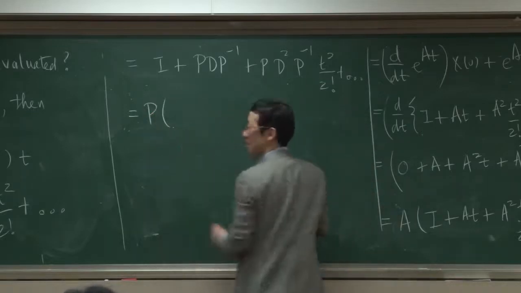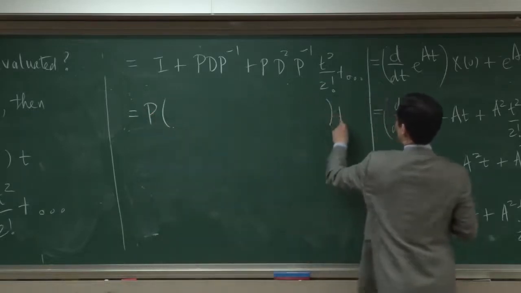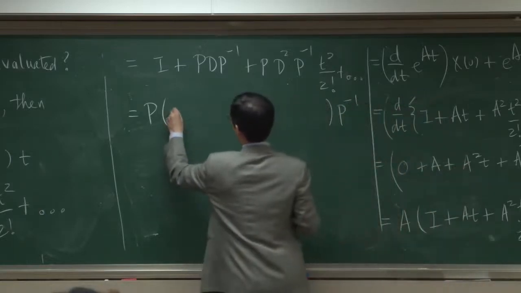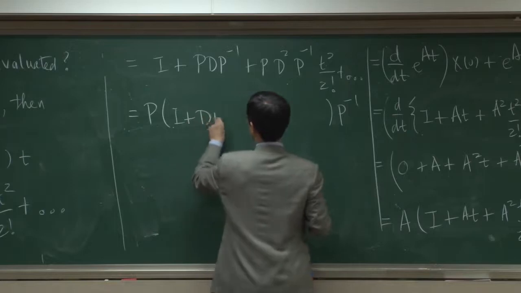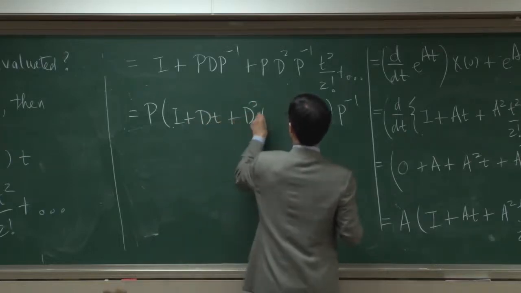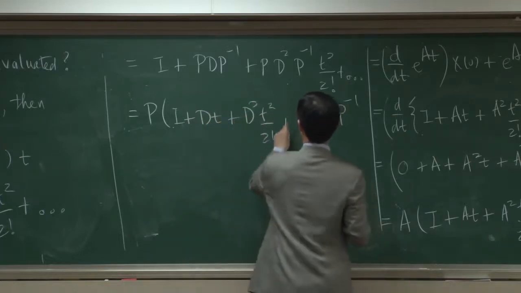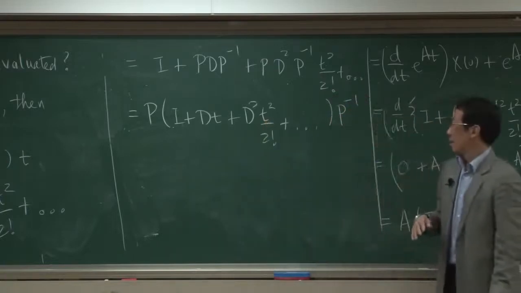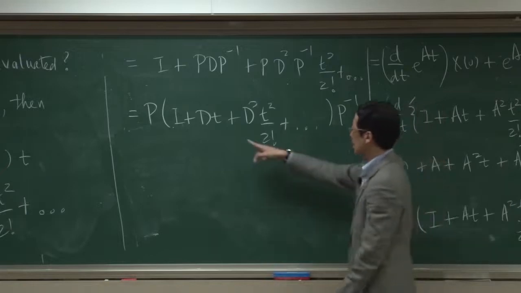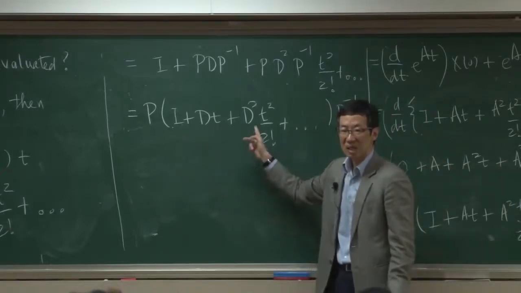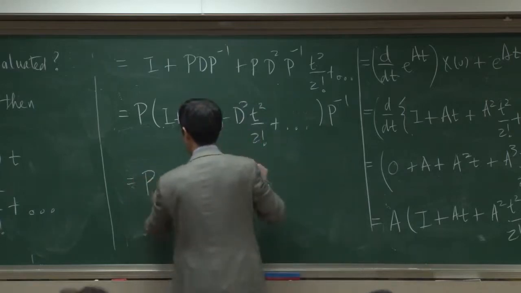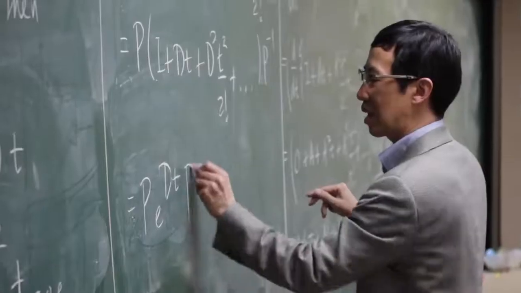Here's a P at the front, here's a P inverse at the back. Now this can be written I plus DT plus D squared T squared over 2 factorial plus and so on. So this is just the exponential of Dt. So this is just P times e to the Dt times P inverse.